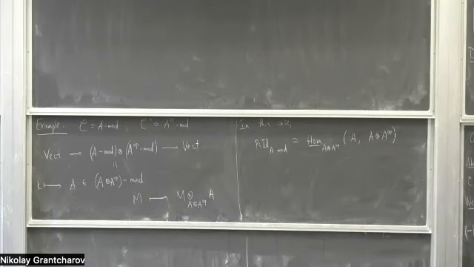Maybe one thing to say is that there's another way of thinking about this functor: it is a certain kind of functors out of C. By the Yoneda embedding, this embeds fully faithfully into functors from C into vector spaces, not necessarily continuous.